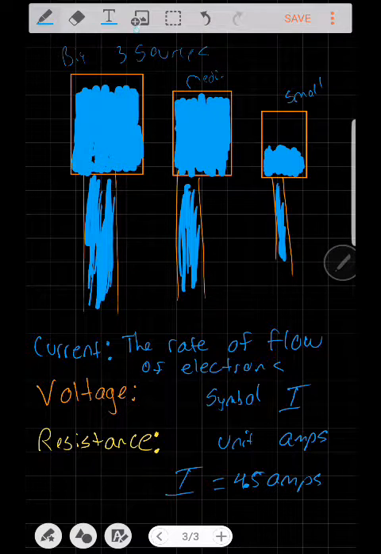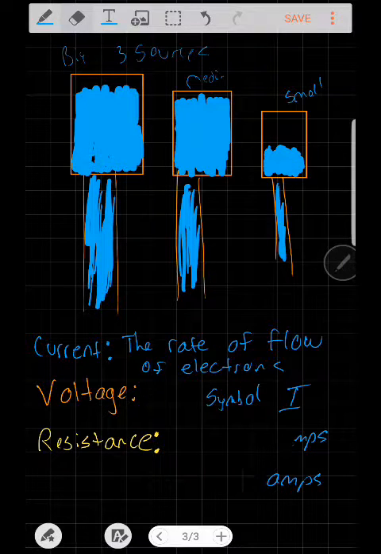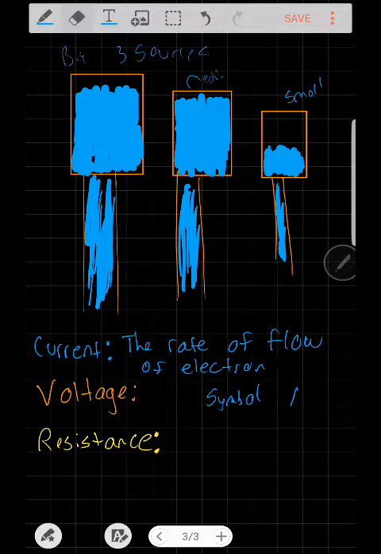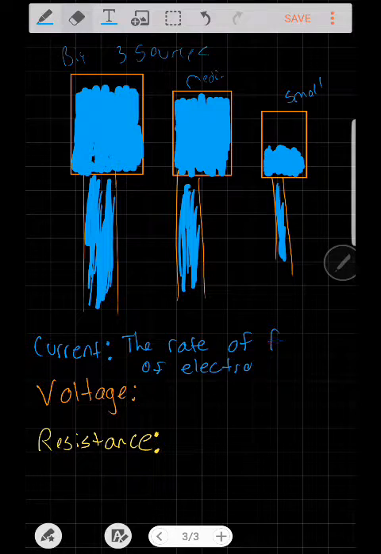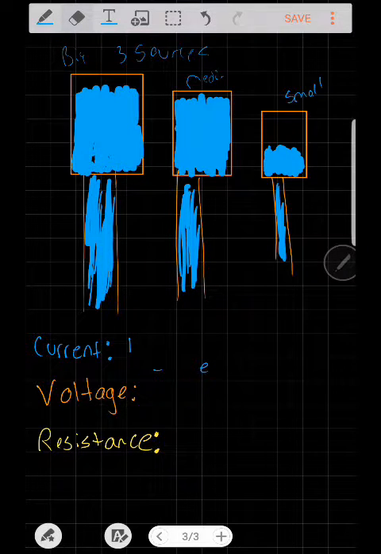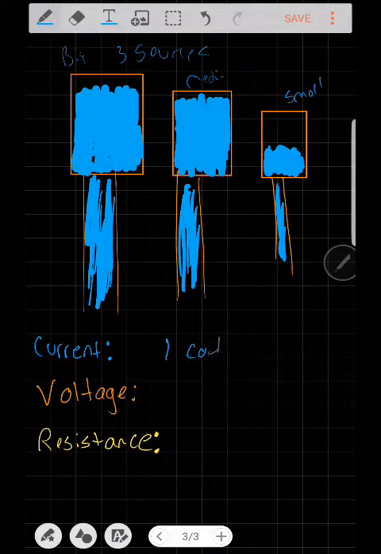If you're curious about what an amp is, it tells you how many electrons there are. An amp is 1 coulomb per second, 1 coulomb for every 1 second.